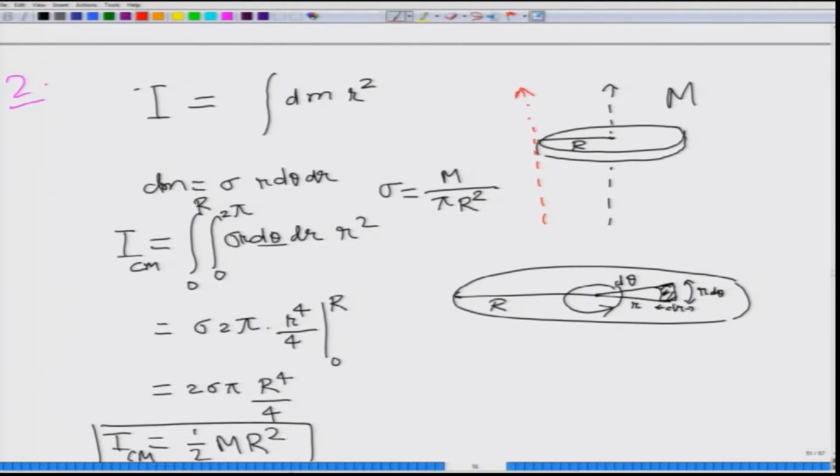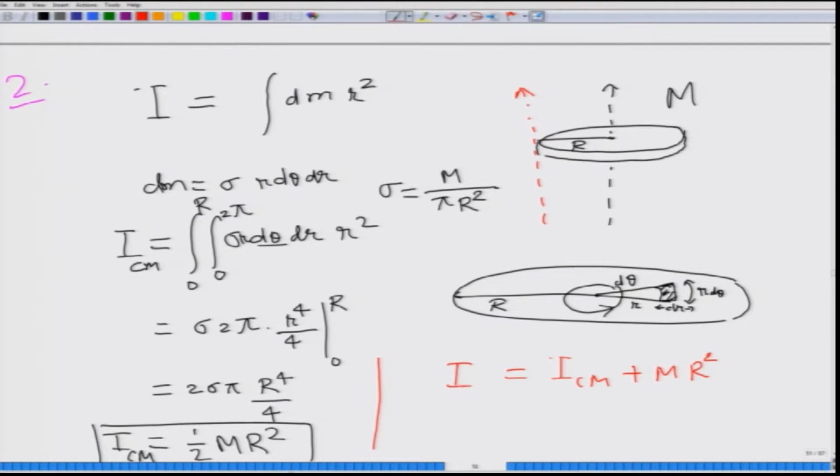For this axis we will use the parallel axis theorem, which says that if you know the moment of inertia about the center of mass and you want the moment of inertia about some axis at a distance d from the center of mass, here the distance is R, then M d square should be added to the moment of inertia about the center of mass axis.